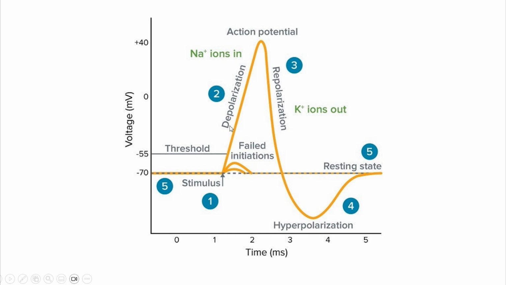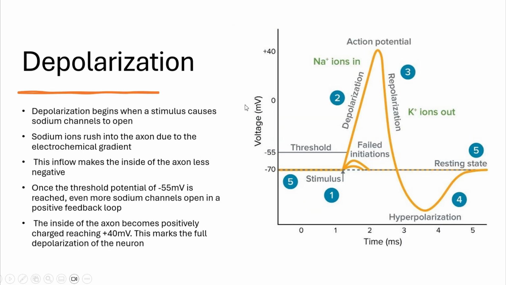And that's going to create depolarization, because at the resting state we call that polarization. So the opposite of that is depolarization. So that's going to cause depolarization, the action potential. And I'll talk in a minute about how you need to repolarize it now so it's ready for the next stimulus.